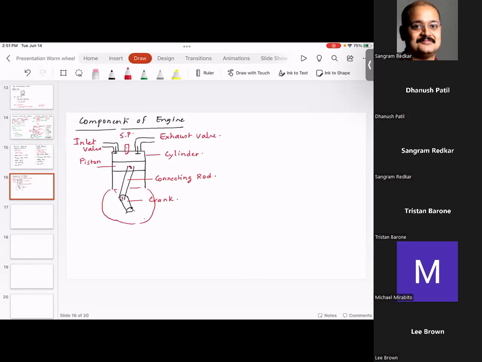And usually there is something called the crankcase, and there is oil. And this oil gets splashed onto the cylinder cavity, so that provides the lubrication.